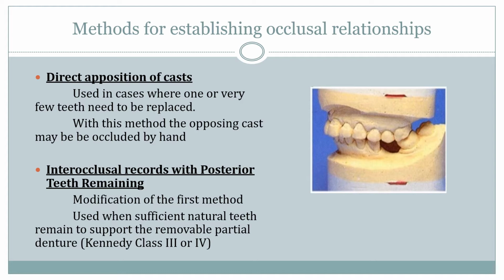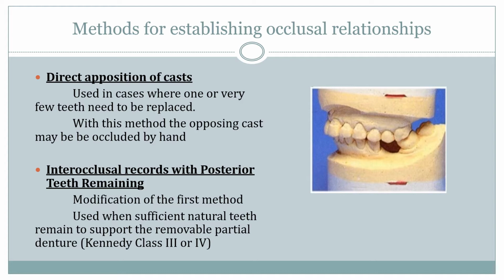This is an ideal condition where you need not do a jaw relation, but you can occlude with your hand. This is only for a single missing tooth or two missing teeth, wherein all the opposing teeth are present and can be held in the occlusal position without any movement, right? So that is direct opposition of casts.